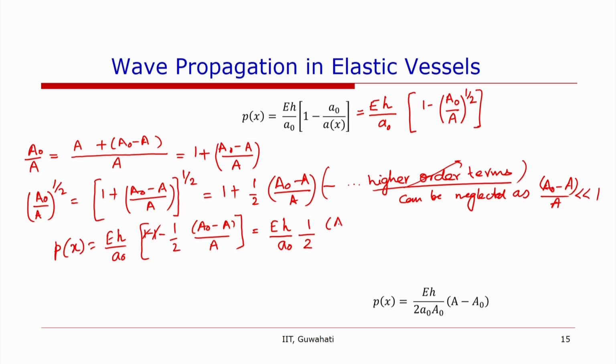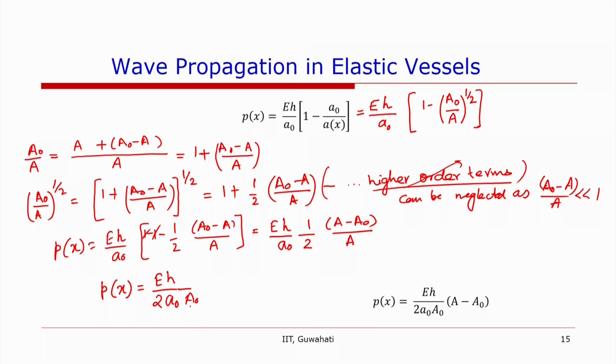A minus A naught over A, but so this is A, but as the difference between A and A naught is very small, and we want the equation to linearize, so only a linear relationship between P and A, we will have A is equal to A naught.